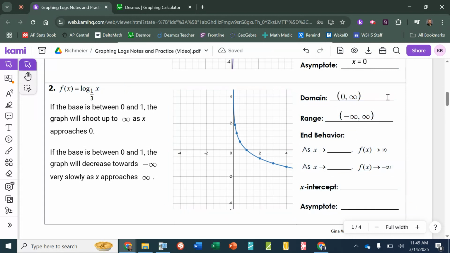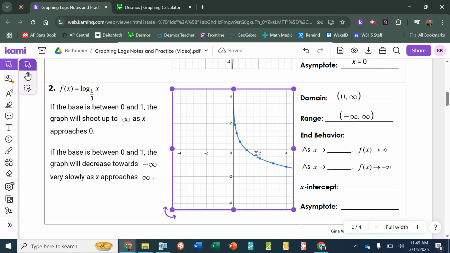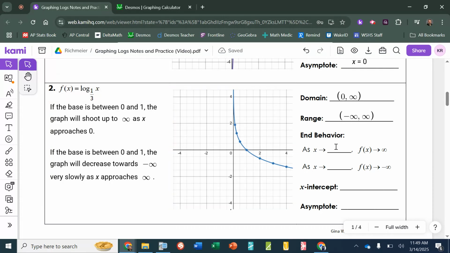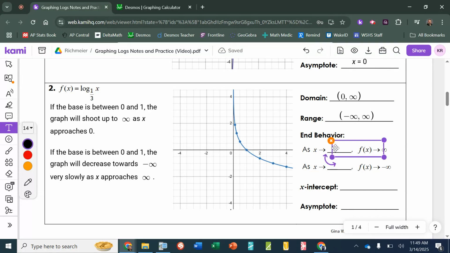All right. So we've got our domain, our range. So I still have positive infinity, negative infinity. Well, let's look at which way it is. When is it going to positive infinity? Well, if the base is between 0 and 1, the graph will shoot up to positive infinity as x approaches 0. So we're going to say as x approaches 0, and then f of x going to negative infinity.